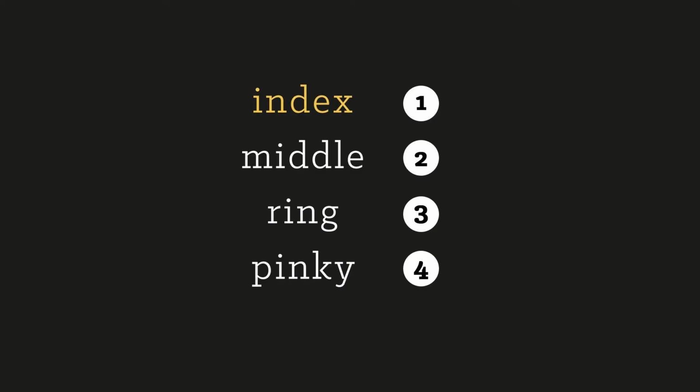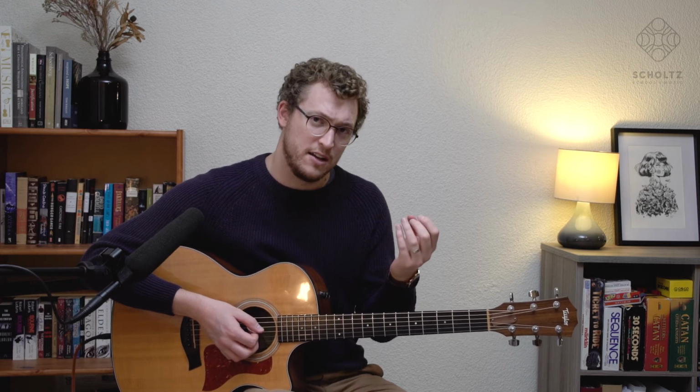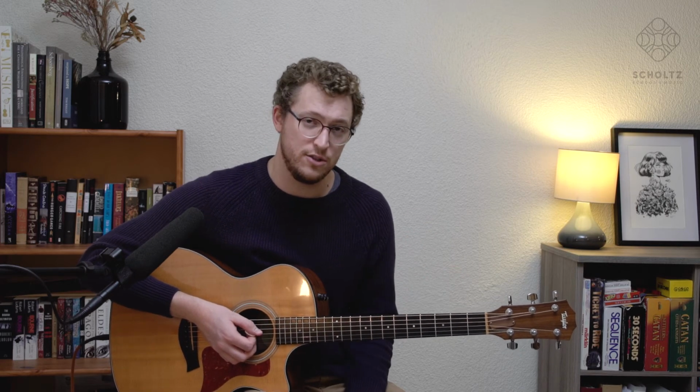So the index finger is our 1st finger, middle finger is 2nd, our ring finger is our 3rd finger, and the pinky is 4. So those numbers inside the black dots, they indicate which finger you should use. Then, of course, you just need to read which string is this on and which fret is this on. That will tell you exactly where to put your fingers.